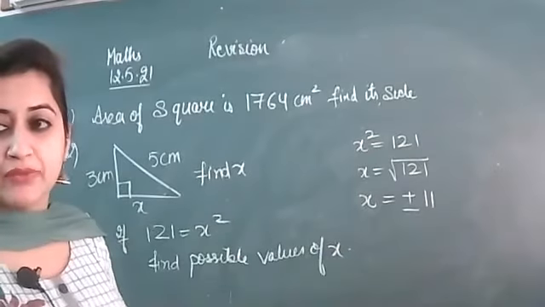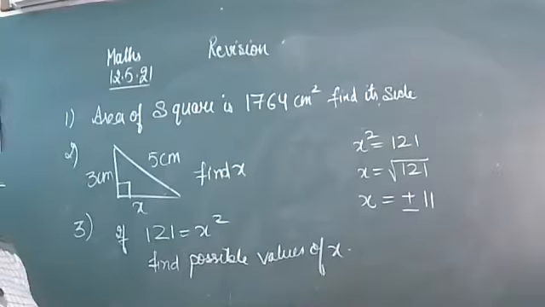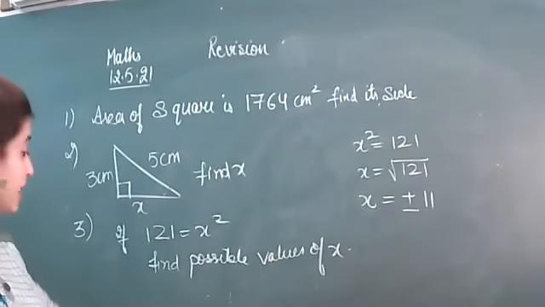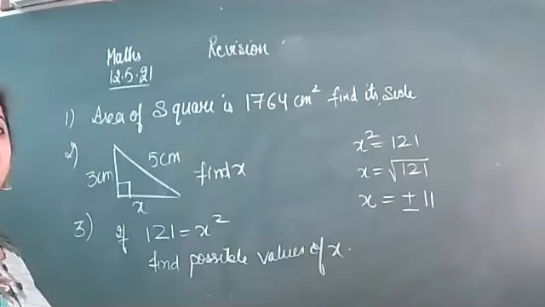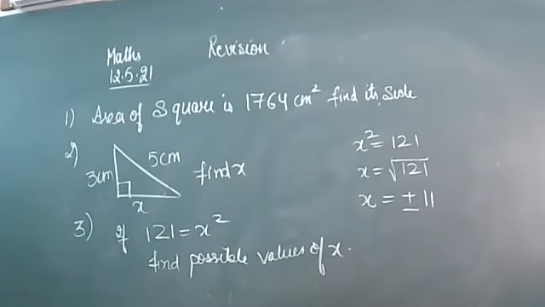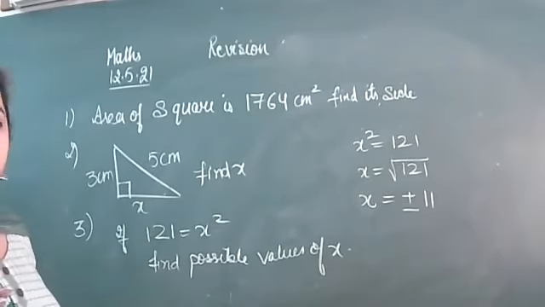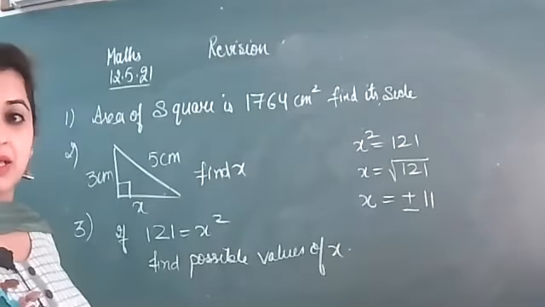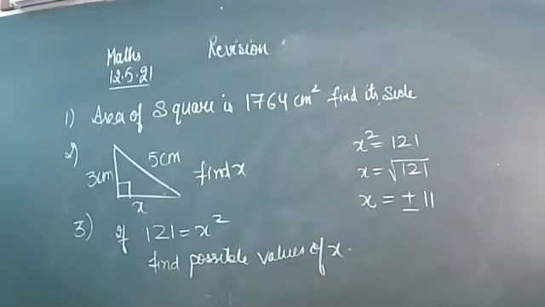One is positive, one is negative. Both are possible because the question is to find the possible values of x. So both will be possible values, positive 11 and negative 11. This is not a square or a triangle, so you can't reject this value. The possible values of x are plus 11 and minus 11.